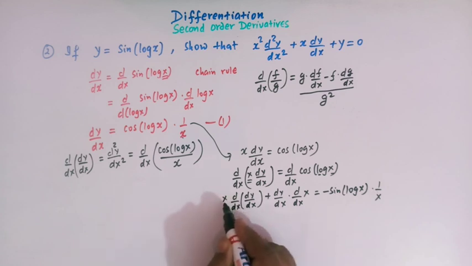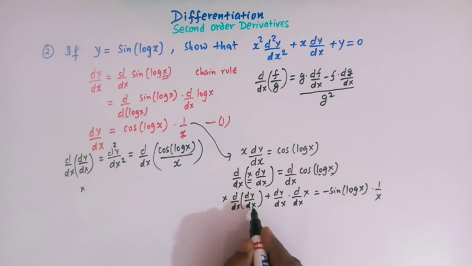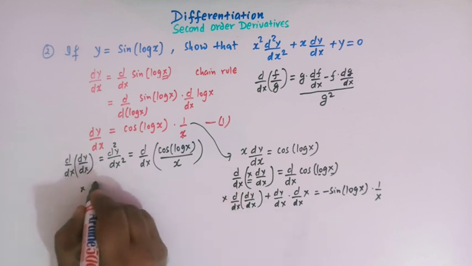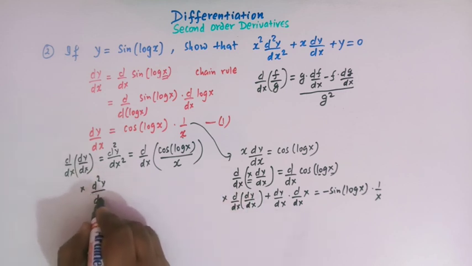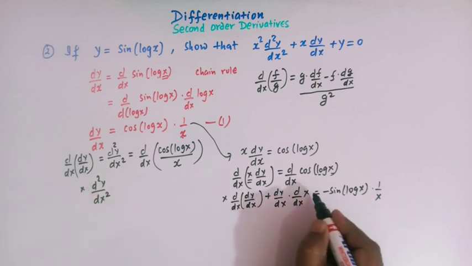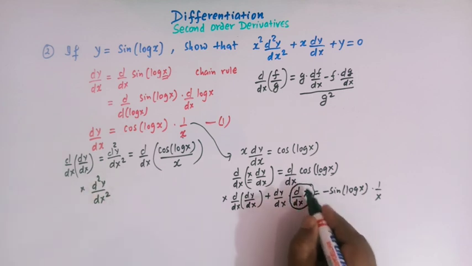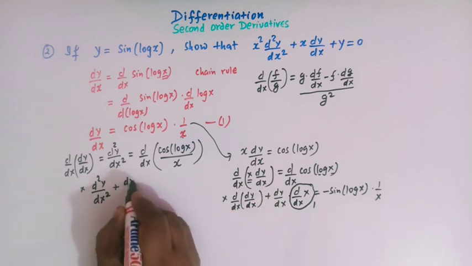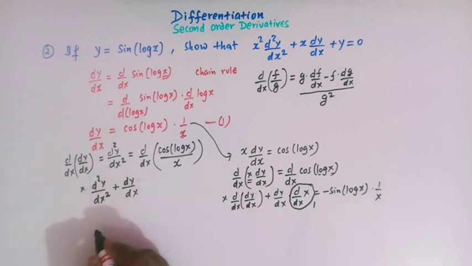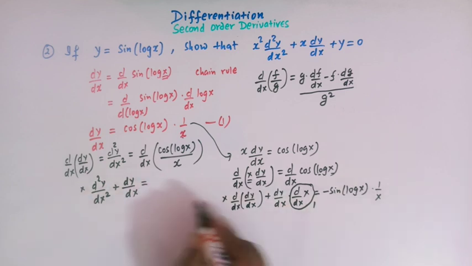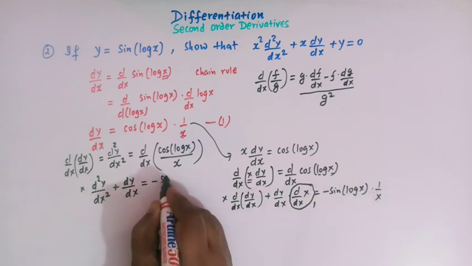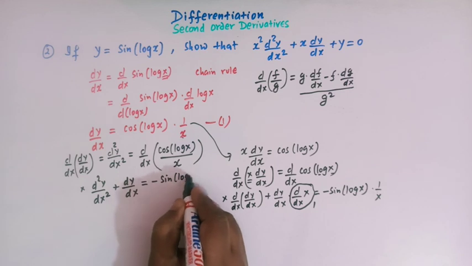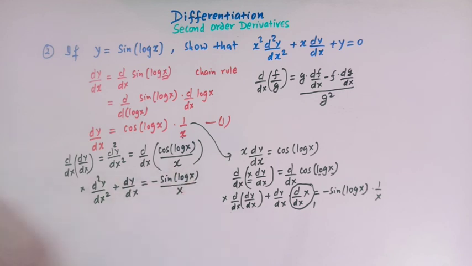So now here we can write x, then d by dx of dy over dx is d2y over dx2, and here the derivative of x with respect to x is 1, so here we are left with only dy over dx, and here we have minus sine log x over x, right?